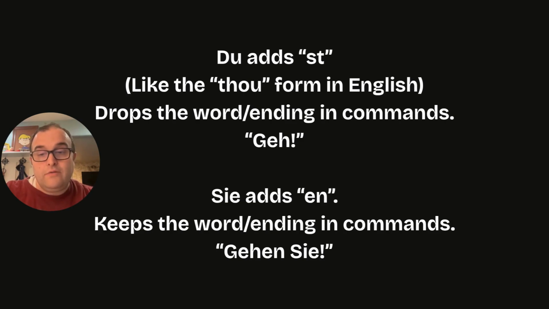It's a little bit longer. The formal form usually has more words, longer words. So the difference between geh, gehen Sie, spiel, spielen Sie, bet, beten Sie, schlaf, schlafen Sie. You see that big difference between the commands, and that's something you'll use a lot. So make sure you know that really well.